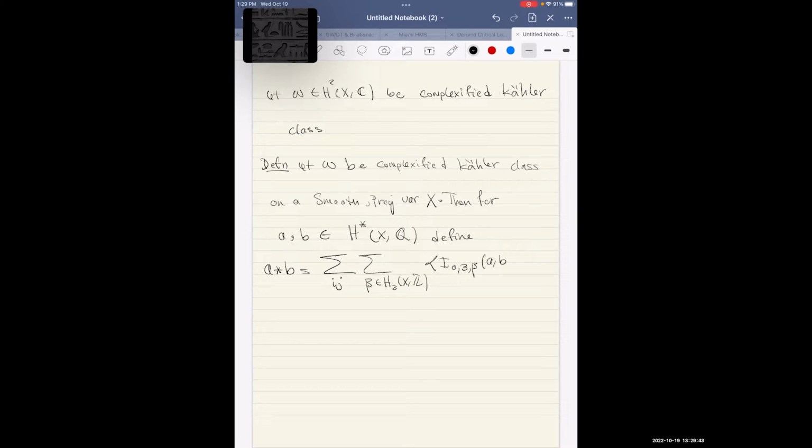I_{0,3,beta} of A, B, and Ti. When I put 0 in here, it means I have 3 marked points. So I am looking at curves with 3 marked points on them, and I need to pin these points to 3 cycles in my ambient variety. Two of these cycles are going to be A and B themselves, and then the third is going to be Ti.